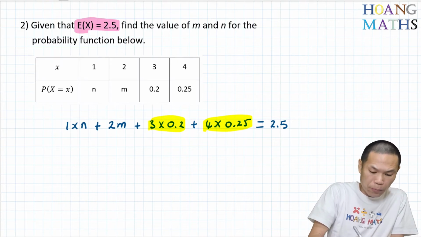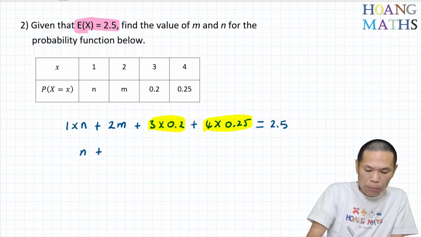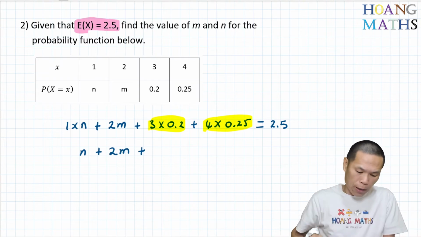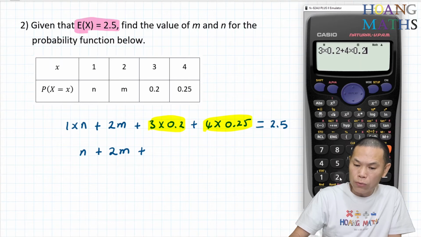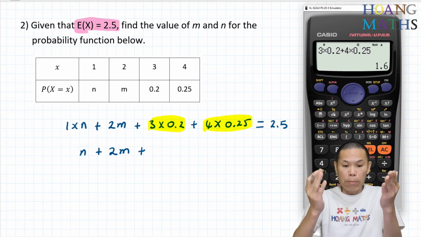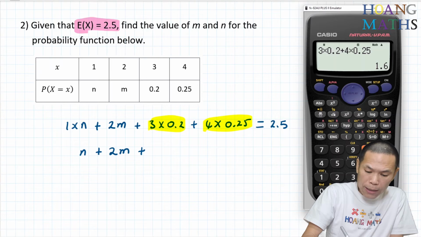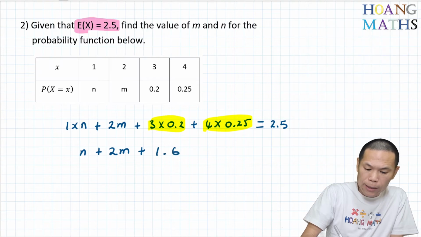1 times n is n, and 2 times m, of course, 2m. We add. So we just put that on a calculator. So that will give me 3 times 0.2 plus 4 times 0.25, so that is 1.6. So plus 1.6 is equal to 2.5.